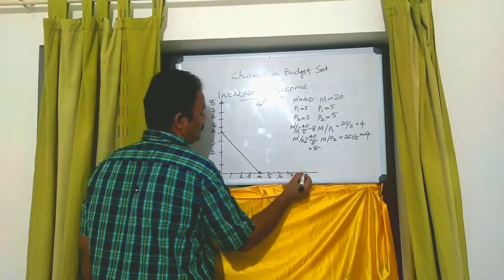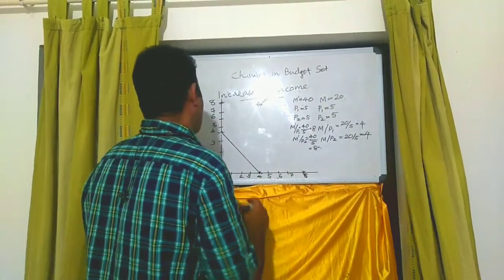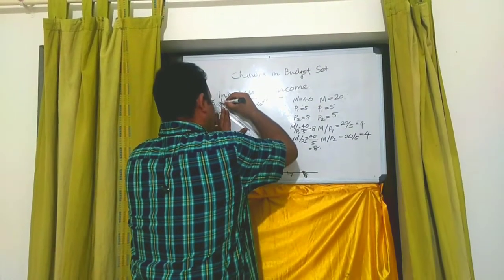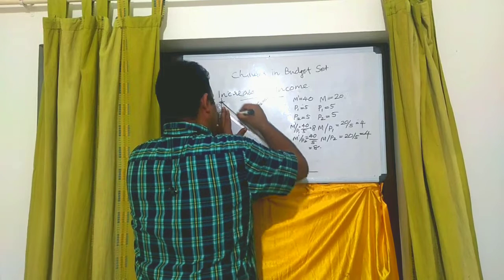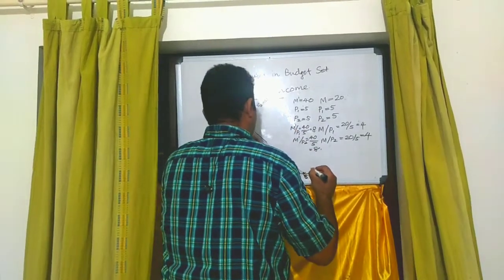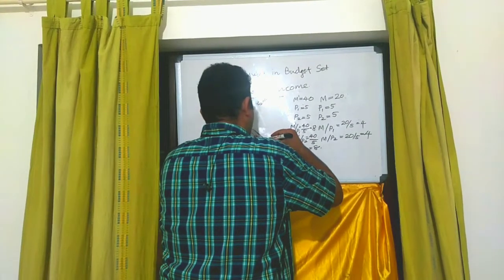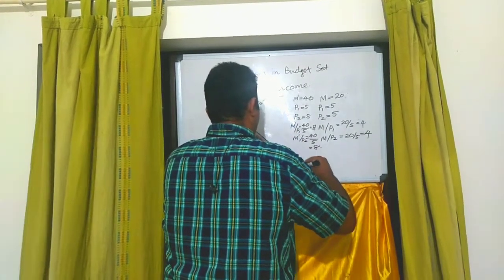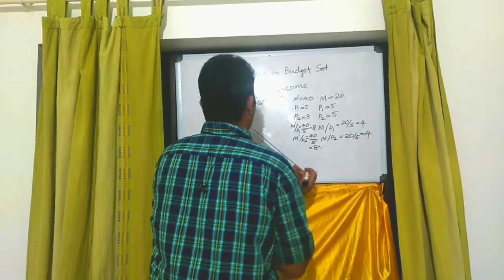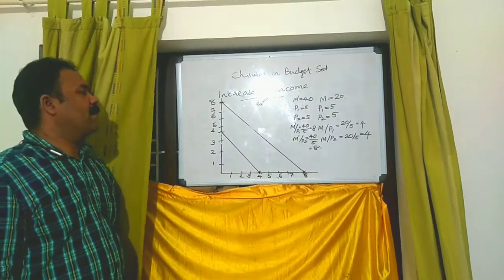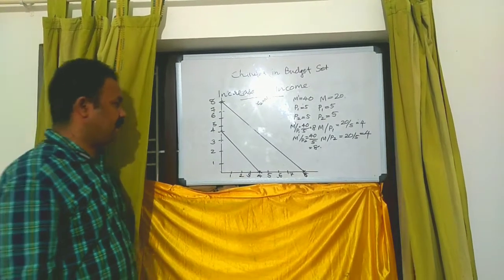Then we can plot these 2 points here, and we will get a line here. That line is known as budget line.